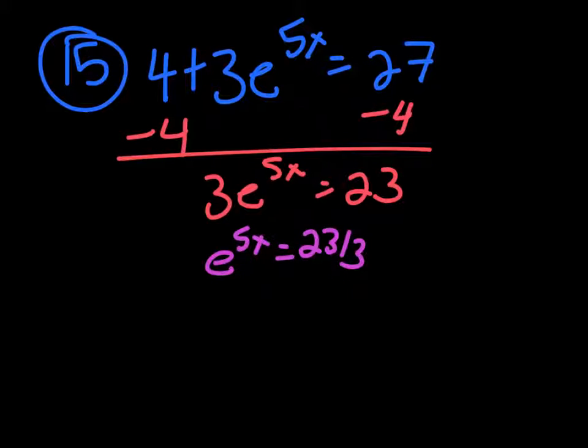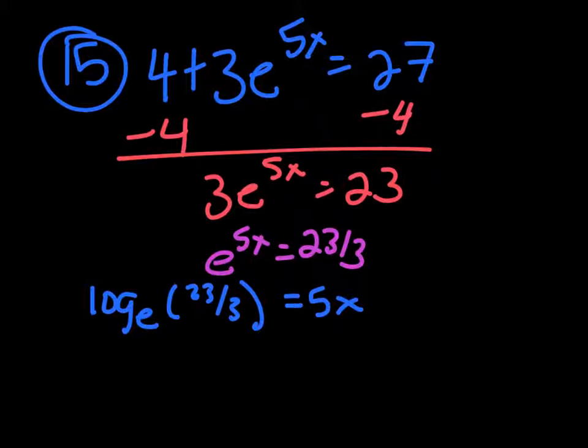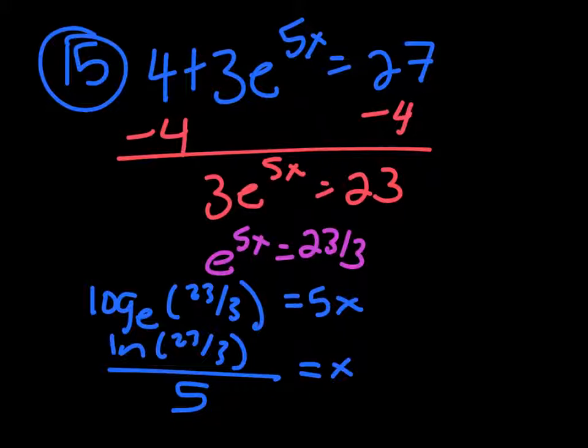So if I put this in log form, this is log base e of 23 thirds equals 5x, which is natural log of 23 thirds over 5 equals x. So if I type natural log 23 thirds divided by 5, that's going to give me approximately 0.41 for my x.